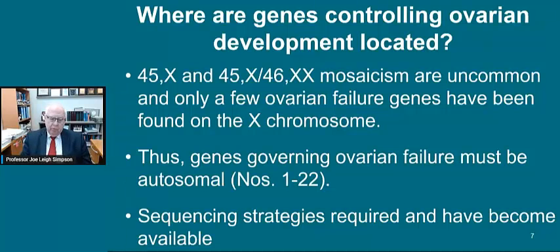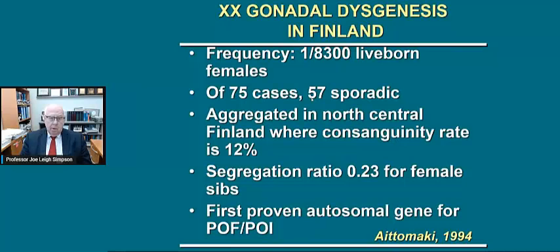We had to be able to sequence the DNA, identify exactly which portions of the DNA in the complete genome were missing, and therefore we could identify a gene that was important and, moving to the future, perhaps could be replaced in women who had ovarian failure, premature or otherwise.